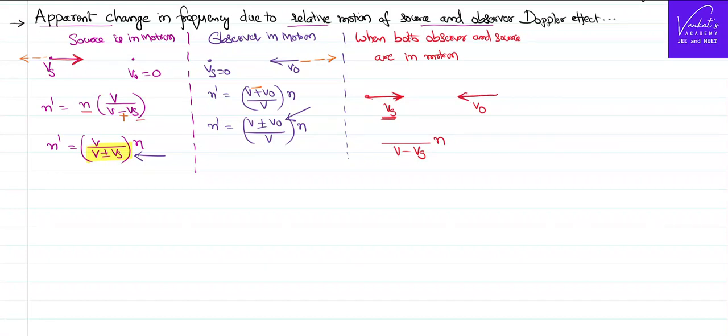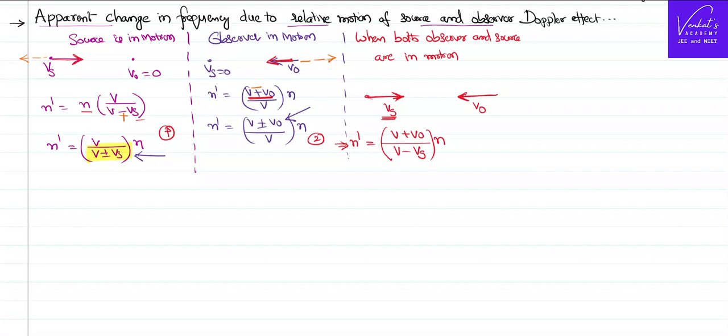When the observer is approaching, we have written an equation as v plus vo. So in the numerator, I have to write v plus vo to get the apparent frequency n dash. So I have just combined the first case and the second case to get this new third case, when the source and observer are moving towards each other.